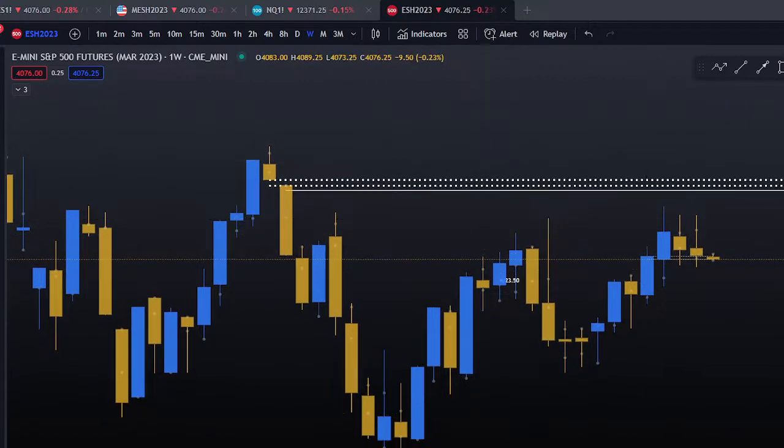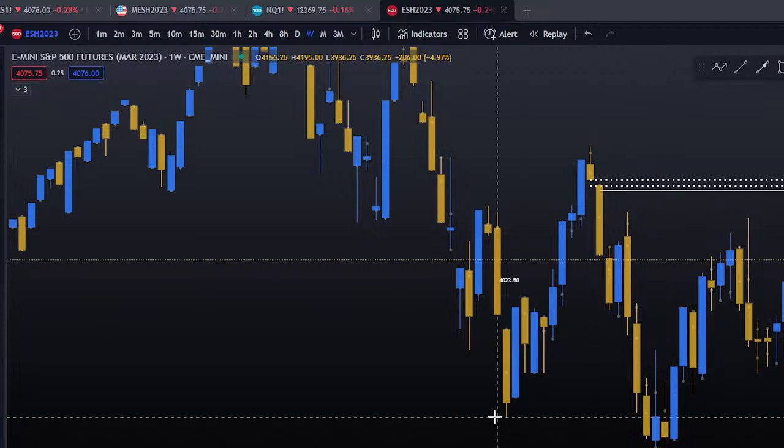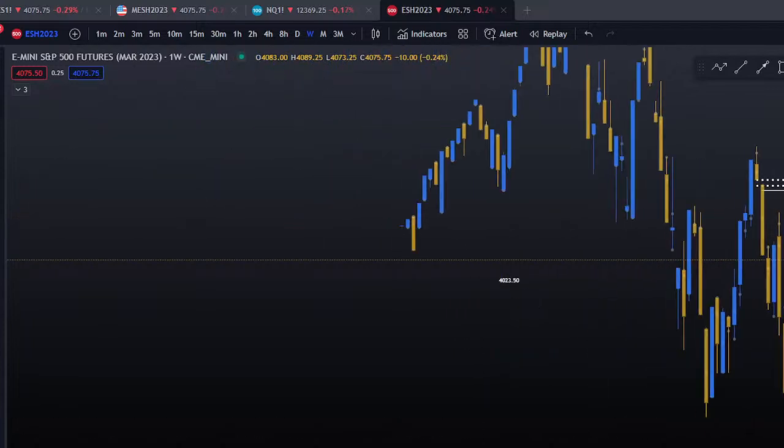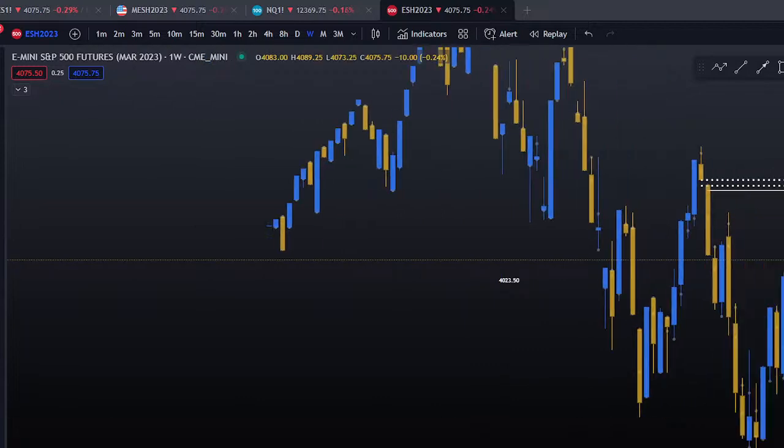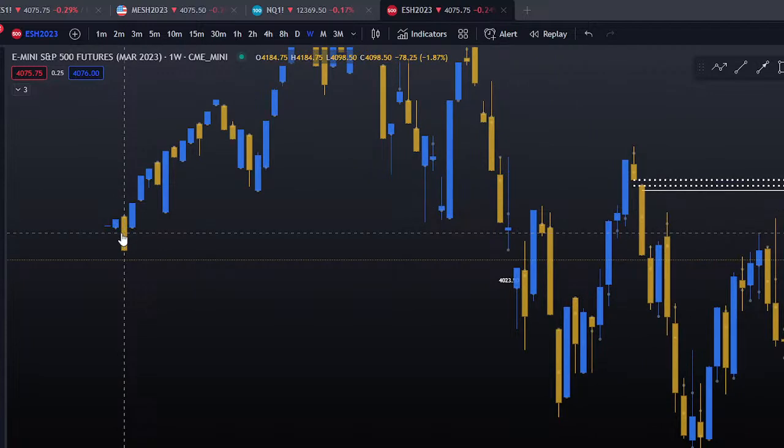Okay, so this was the low of 2022 here in October. We took liquidity from here. Also, this is not the continuous contract, so it stops at June 21, so I'm not able to see down here.